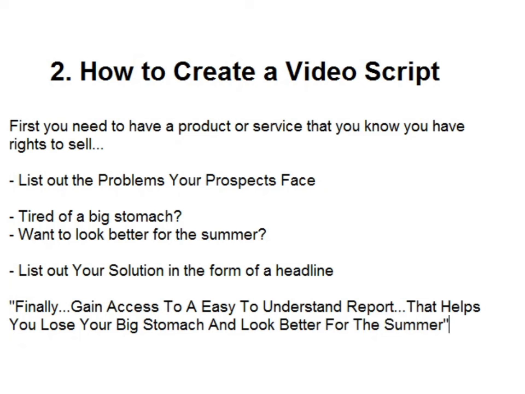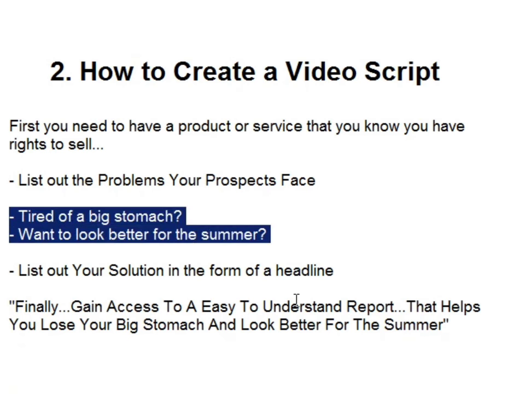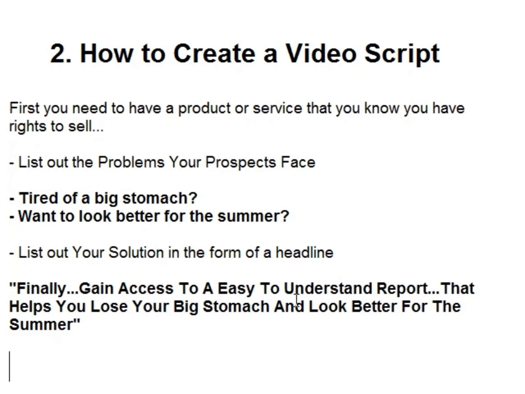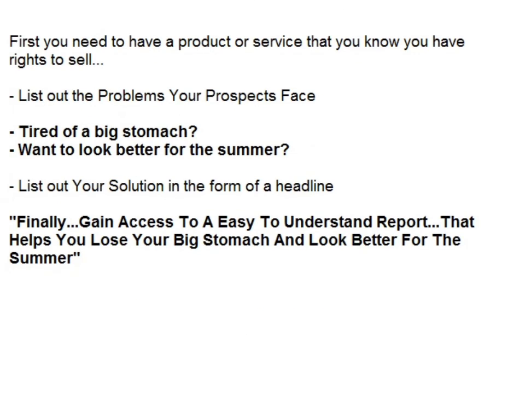Now that's pretty much, you're almost done. And I know that's surprising, but like I said, you want to keep it simple. So I'm going to bold these. I'm going to bold this one. Because this in itself is probably 30 seconds already. The next thing you want to do is you want to list out the benefits of your product.